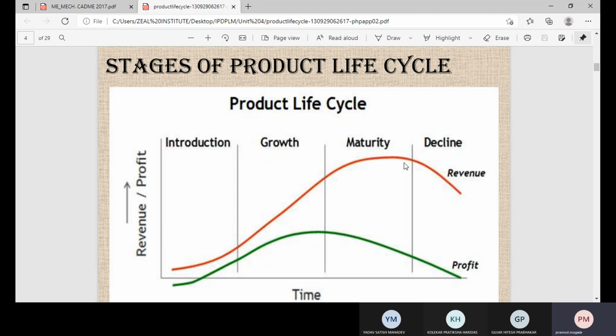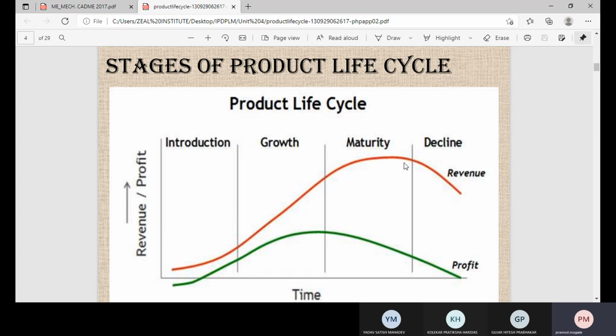Correct? So intro, growth, maturity, and declination. Now, in case of revenue, the red line suggests, you can see the introduction phase: when introduced in the market, the price increases. Of course, the price cannot be stable from birth to death of a particular product. It can change as per the requirement, the availability, the market structure, the region.